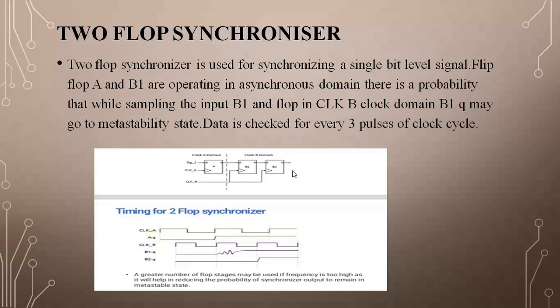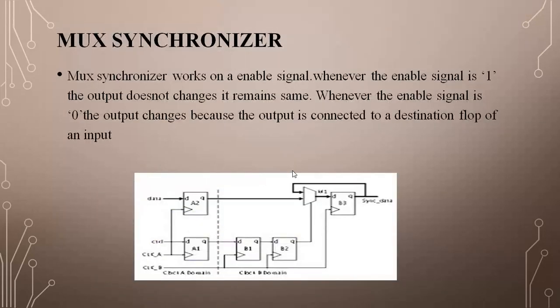First the data is passed, and the output is sent to the second flop input, and again we get an output with one clock pulse delay, and that output is sent as an input to the third flop, and we receive a clean output without any metastability condition. This is the main use of the two flop synchronizer.